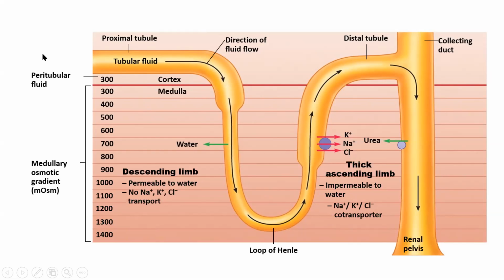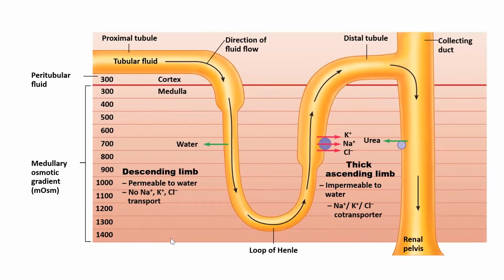As we go from the glomerulus to the proximal tubule, to the loop, to the distal tubule, to the collecting duct, remember this is the direction of fluid, the filtrate that's here, what I'm calling water, has an osmolarity that is the same as our plasma. Under that circumstance, we won't see any movement of water. So as we go down the loop of Henle, there's this opportunity to set up a gradient that can allow us to move water.